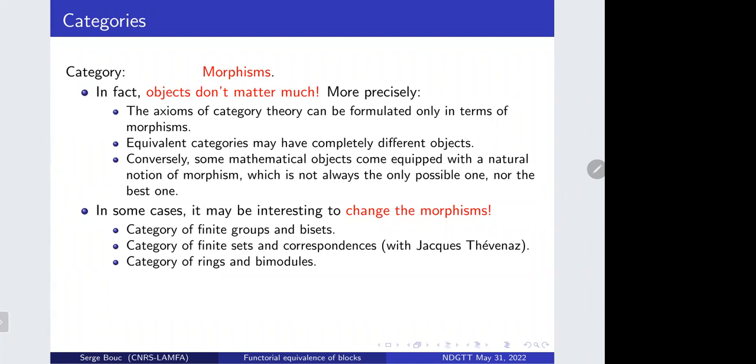And this point of view is interesting if you're interested in particular in studying not the internal structure of rings, but rather the categories of modules. In particular, it's a very natural framework to study Morita theory of modules over some rings.